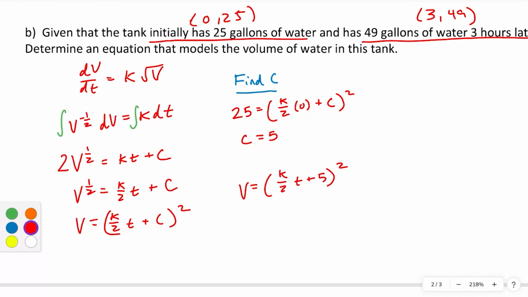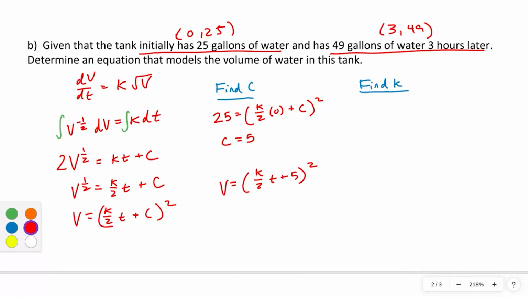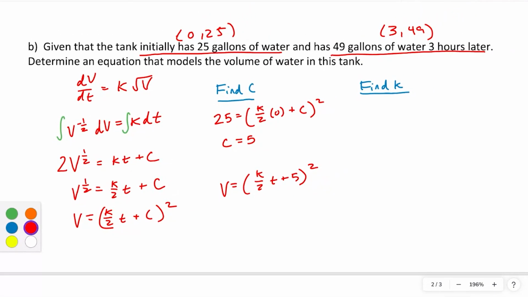But now we need k. So this is where we'll use the other coordinate, (3, 49): the fact that it has 49 gallons of water 3 hours later. So 49 equals k over 2 times 3 plus 5, quantity squared.